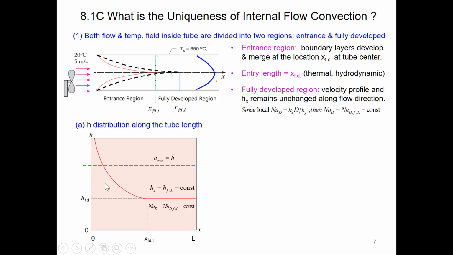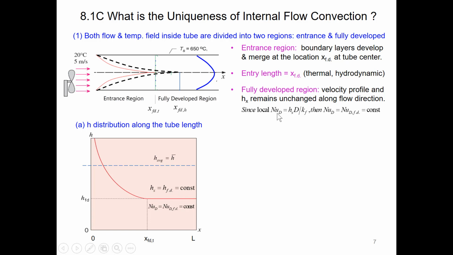This can be seen in this plot for local heat transfer coefficient distribution along the tube length. In the entrance region, the local heat transfer coefficient is decreasing. Then in the fully developed region, the local heat transfer coefficient remains unchanged.